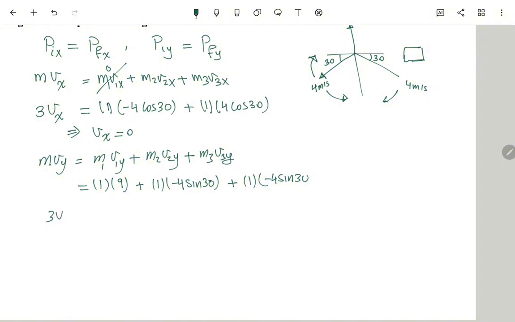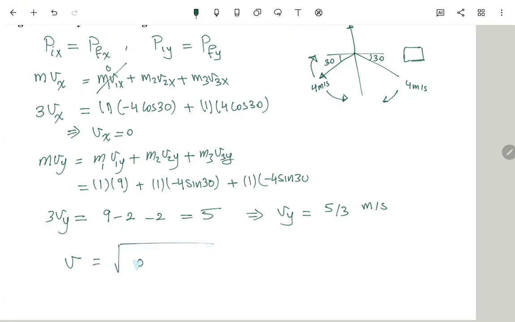So 3 Vy equals 9 minus 2 times 2, or 5, and from this one here Vy equals 5 over 3 meters per second. Now V will be equal to the square root of 0 squared plus Vy squared, or 5 over 3. In other words, V is equal to 1.66 meters per second.